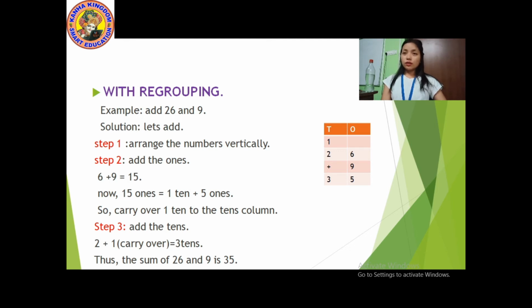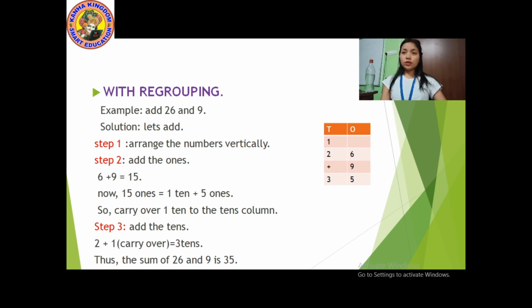So in the second step we carried over 1 ten to the tens column, right student? We should add that 1 ten in this step. In the third step we have to add that 1 ten here.